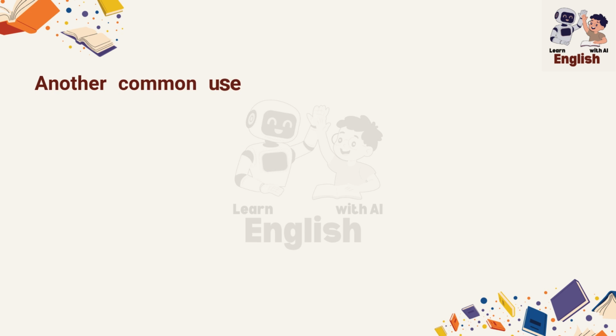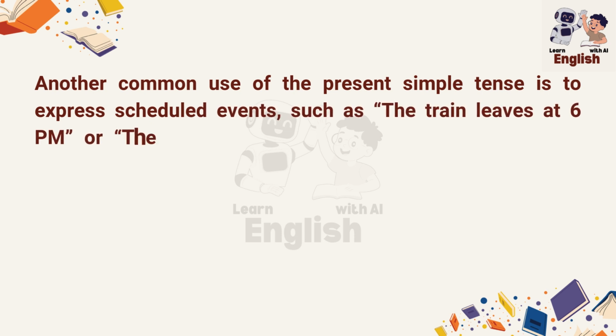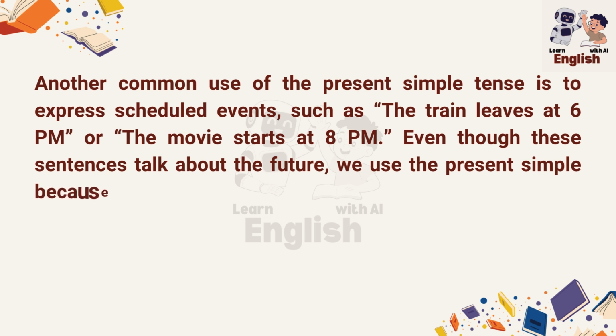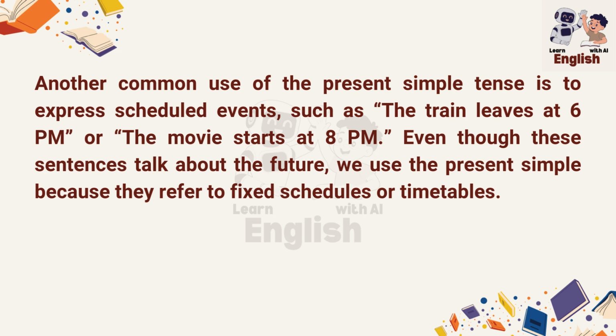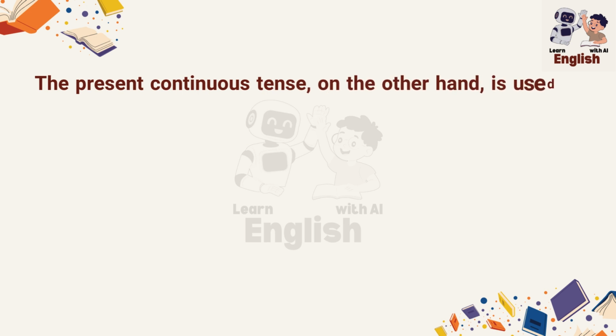Another common use of the present simple tense is to express scheduled events, such as the train leaves at 6 p.m. or the movie starts at 8 p.m. Even though these sentences talk about the future, we use the present simple because they refer to fixed schedules or timetables.